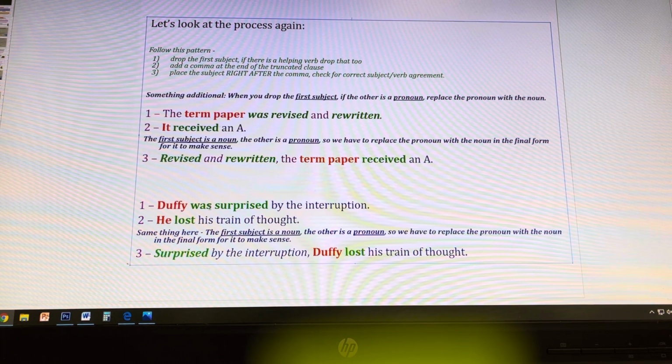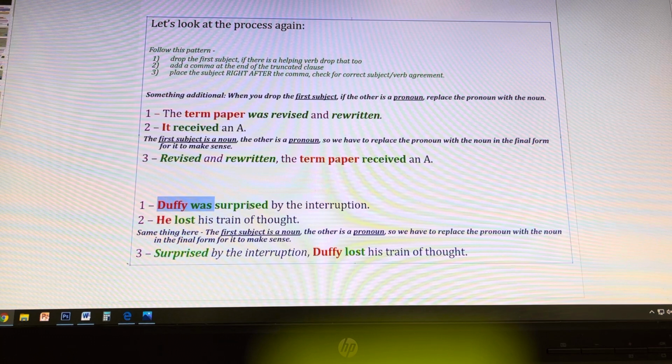Okay, so let's try this way first. Lost his train of thought, comma, Duffy was surprised by the interruption. Lost is already in the past tense, so that one's not going to work. Now remember, we have to drop a helping verb if we have one, which is the word was. So we're going to drop Duffy and was from the first.